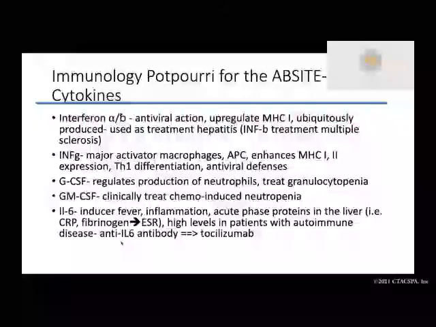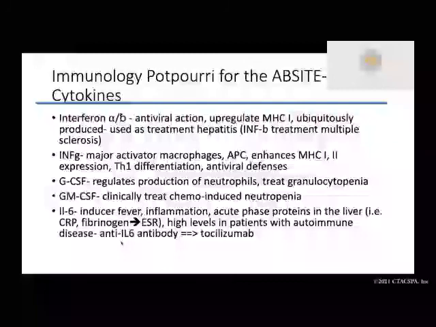Just quickly, you guys didn't really have an immunology section that I saw, so you'll get questions about cytokines on this exam as well, usually just 1 or 2. So interferon alpha and beta, right, the antiviral, they upregulate MHC class 1, and they're fairly ubiquitously expressed.